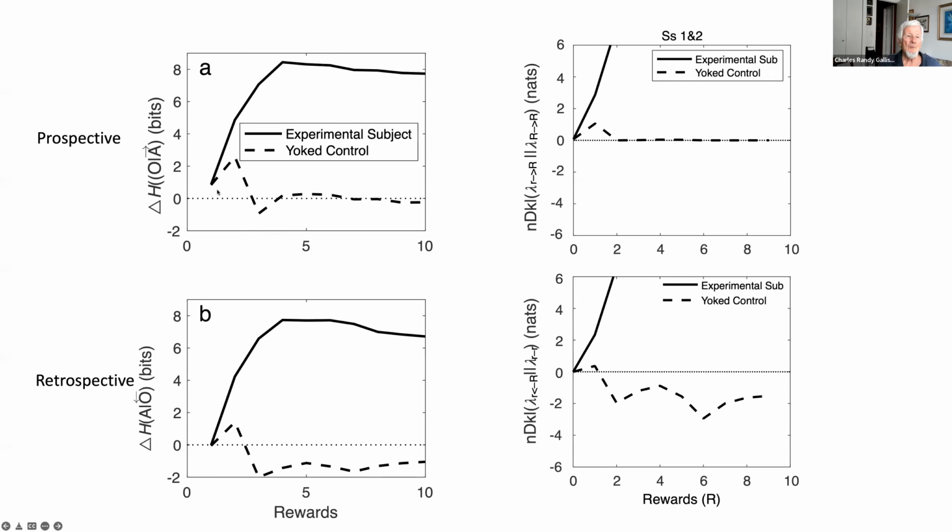And in these two plots, what we're looking at is the strength of the prospective association and the retrospective association over the first 10 rewards for, remember, these are yoked subjects. So the solid line is for the subject whose behavior is actually producing the reward. And the dashed line is for the subject whose behavior has nothing to do with the reward, but he's getting whatever rewards are produced by this.